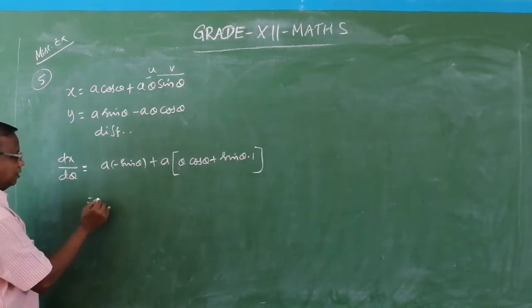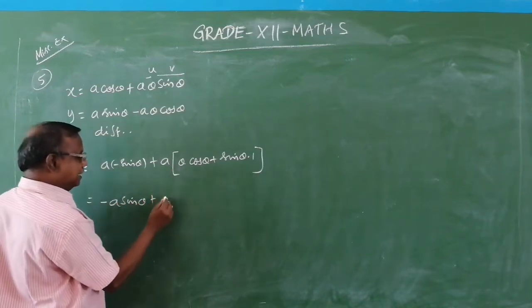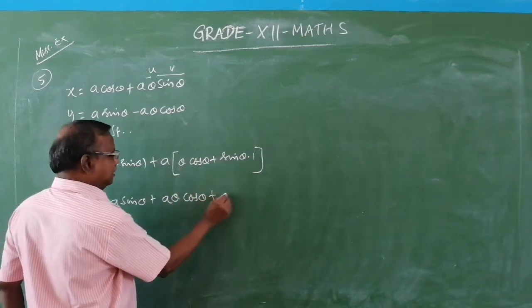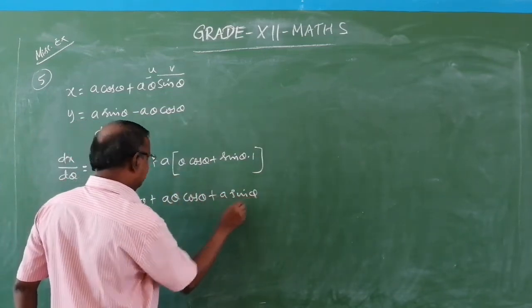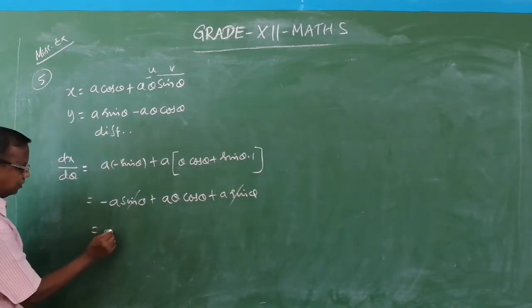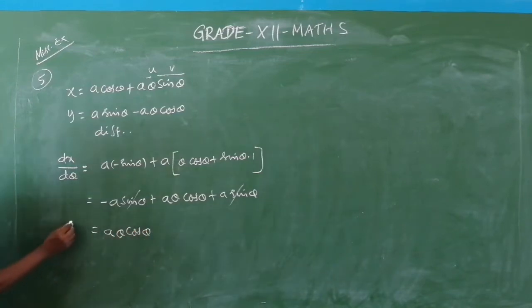Now this is equal to minus a sin theta plus a theta cos theta plus a sin theta. Minus a sin theta plus a sin theta cancel, so it is equal to a theta cos theta. This is dx by d theta.